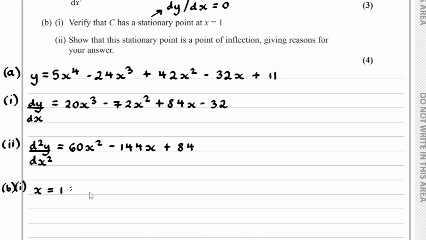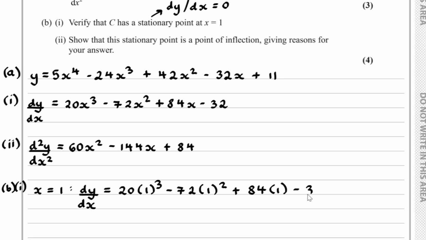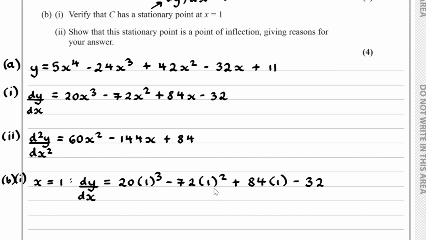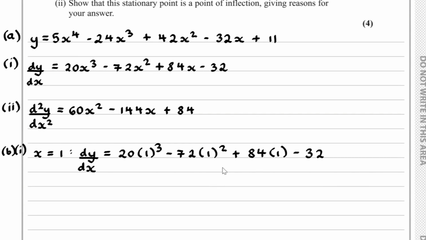When x equals 1, dy over dx is equal to 20 lots of 1 cubed minus 72 lots of 1 squared plus 84 lots of 1 minus 32. 20 minus 72 plus 84 minus 32, you'd find this to equal 0. We can therefore conclude we have a stationary point at x equals 1.